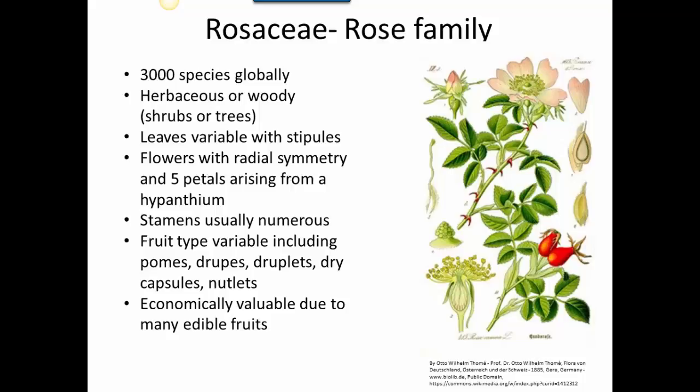And in some cases, they're producing dry capsules or nutlets, so it's pretty varied. This family, as you probably already know, has many economically valuable plants, including many fruit trees and many nut trees. So there's a lot of edible fruits within the rose family.